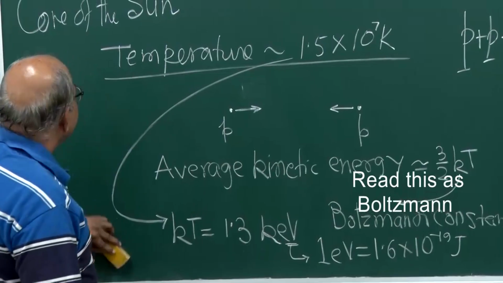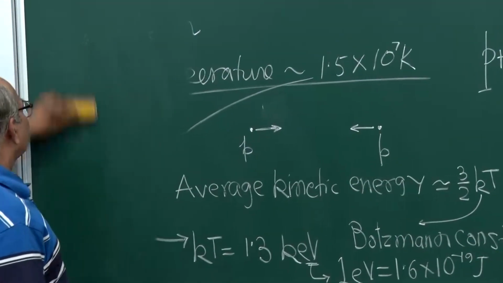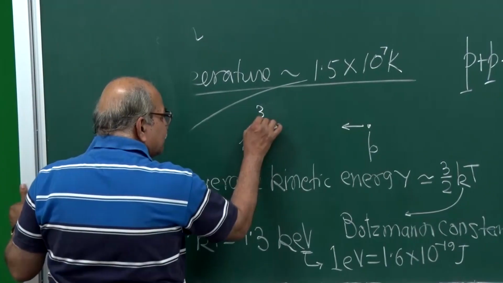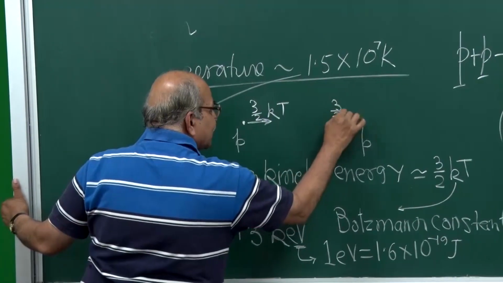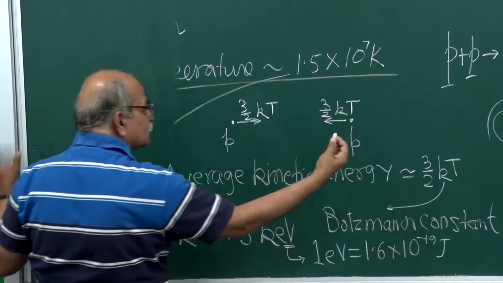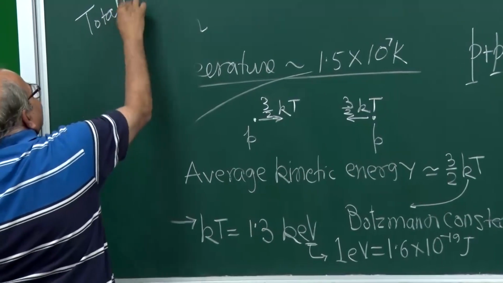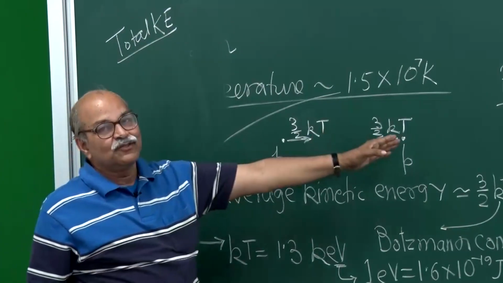So this is going with 3/2 kT, this is going with 3/2 kT. So what is the total kinetic energy of these two protons?